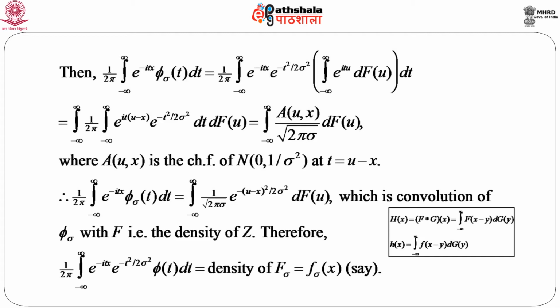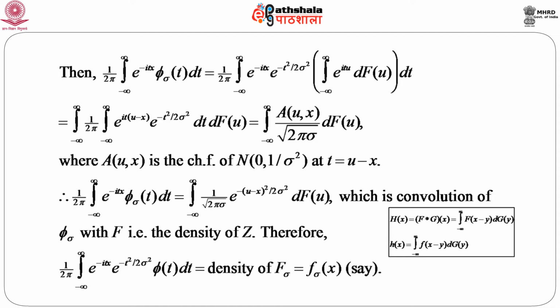So, we are basically changing the order of integration, obviously by Fubini's theorem, and we can write this entire thing as the integral from minus infinity to infinity of a(u, x) divided by root over 2 pi sigma dF(u). If we do just simplification, we will see that this a(u, x) is nothing but the characteristic function of a normal(0, 1 by sigma square) variable at t equals u minus x.